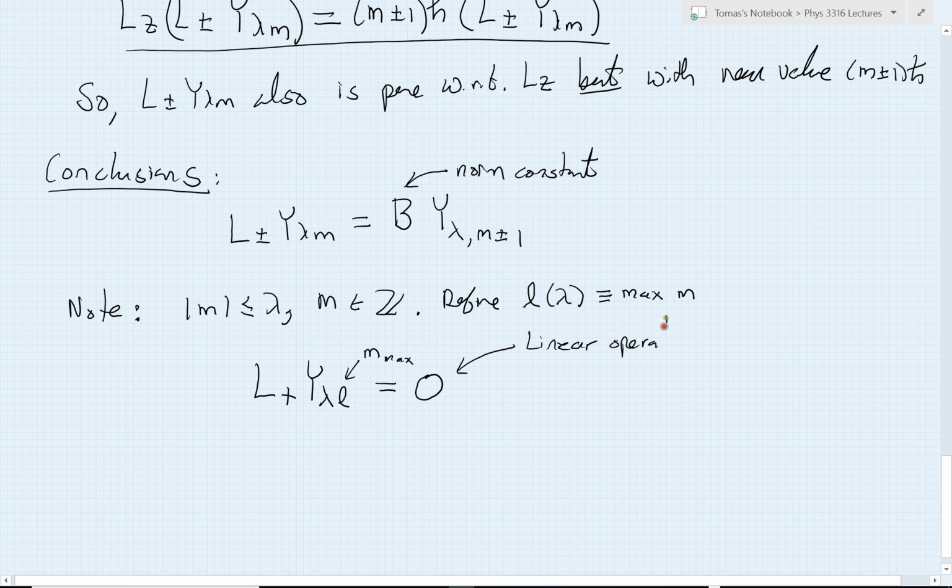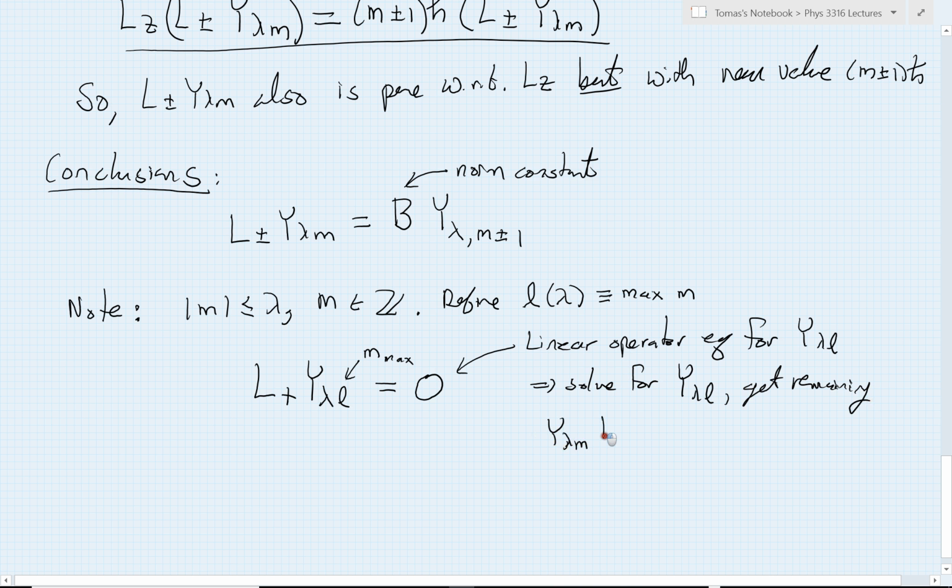It gives me a linear operator equation for this maximal state, Y lambda L. And you can actually solve this without too much difficulty, and then you can get an expression for Y lambda L. And then, of course, once you know Y lambda L for the maximum value of M, you can get the remaining Y lambda M's for that value of lambda by applying L minus to various powers, L minus, say, to the nth power.